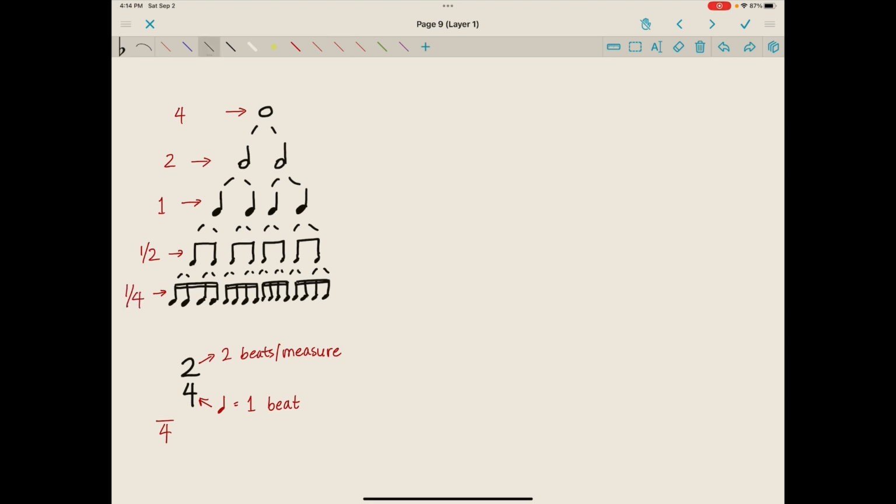So what I want to run through here is then how we apply our Gordon syllables to this scenario. So we remember that our 1 beat note is going to be do. So that means that our quarter note, since it's worth 1, that will be do, okay? And then we remember that our 1/8 notes will be worth half a beat each.